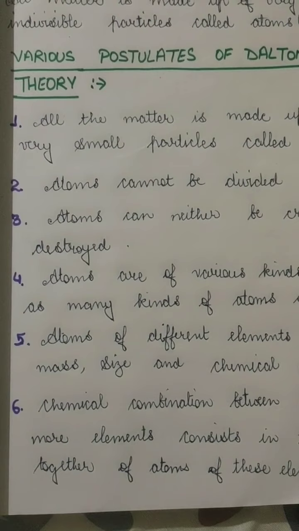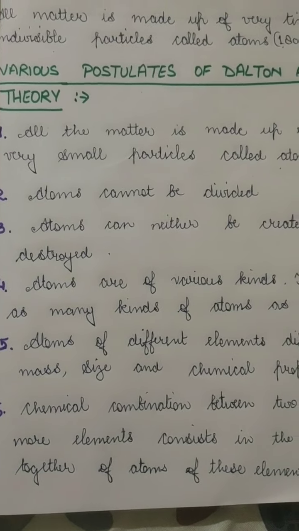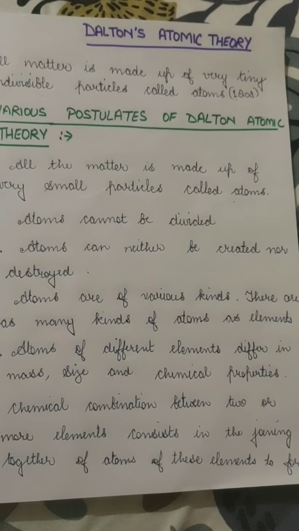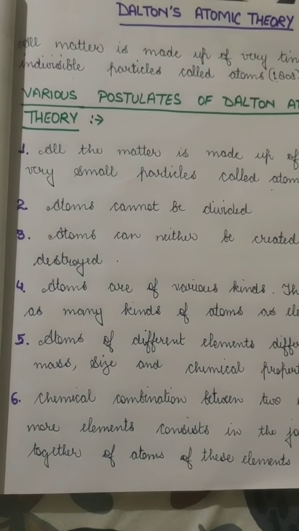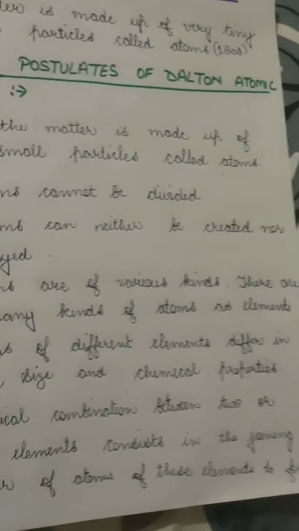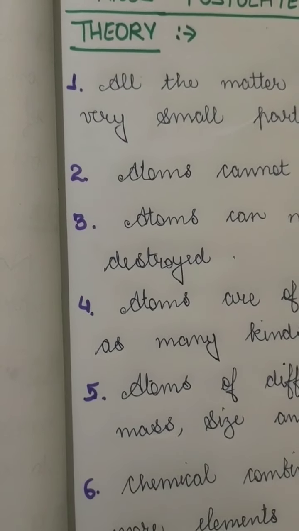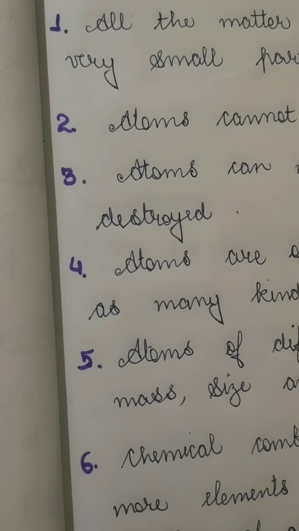He said that it will always be different. The next postulate was chemical combination between two or more elements consists in the joining together of the atoms of these elements to form molecules of compounds.